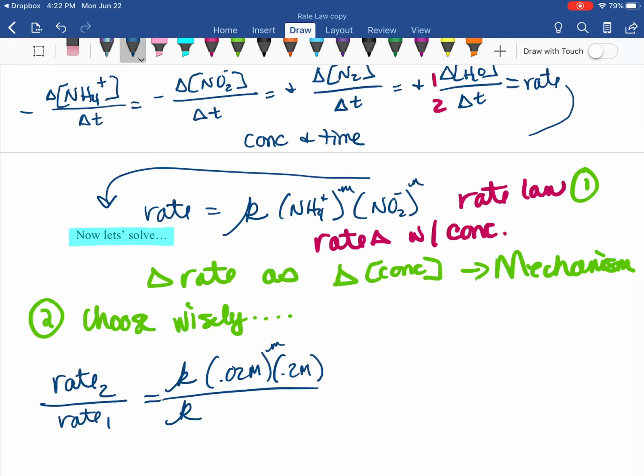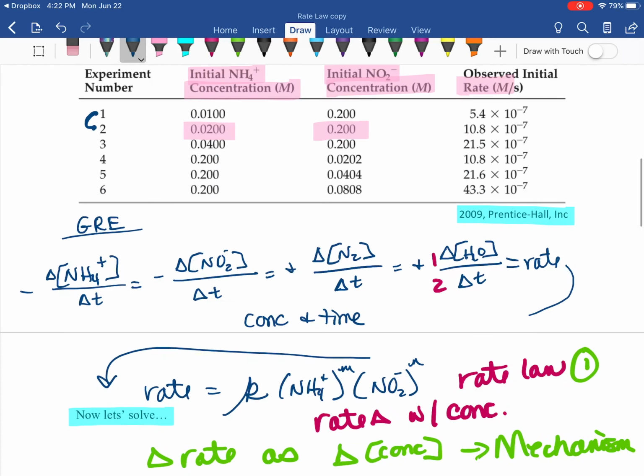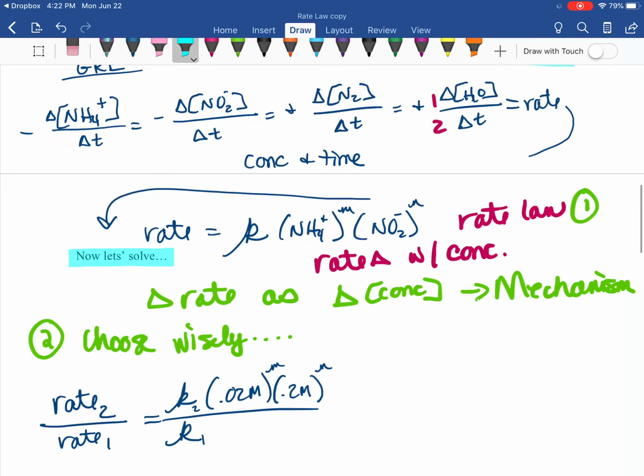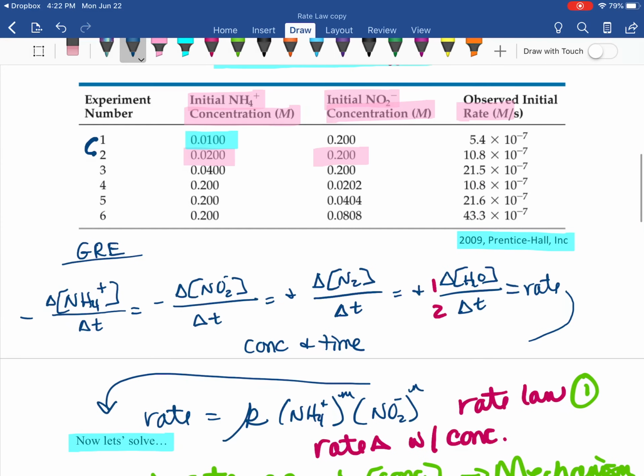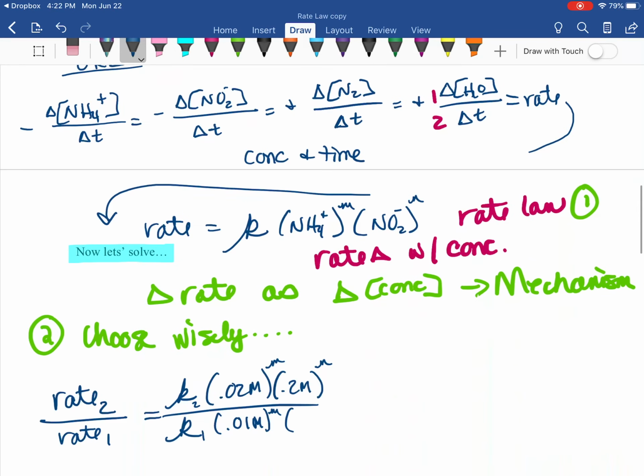Now both of these have exponents that we're solving for. And then now let's compare that same thing, but this time for the first experiment. So 0.01 concentration. Let's look at that second one is 0.2 molar.